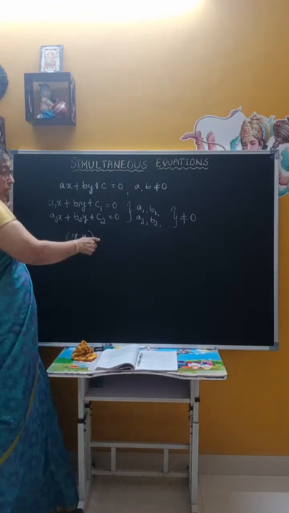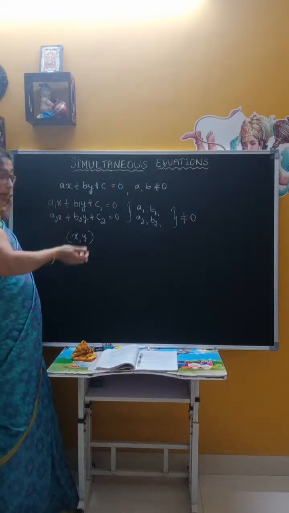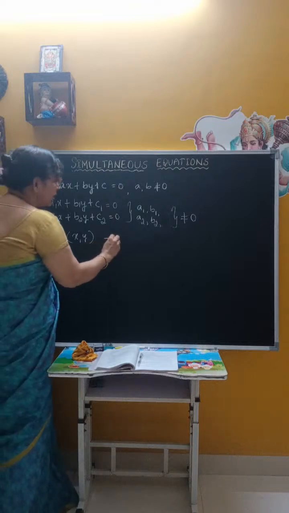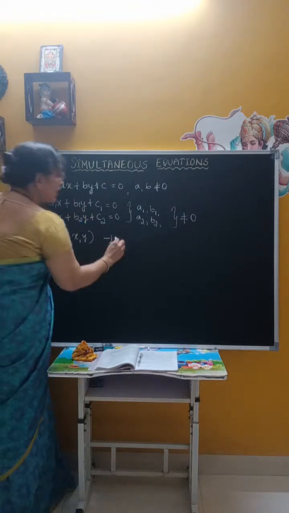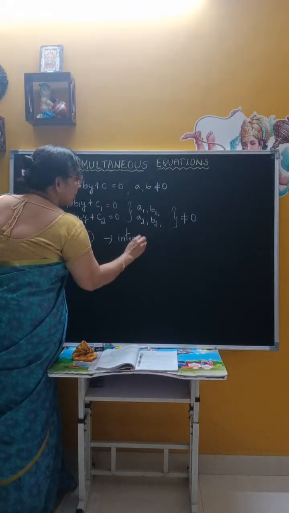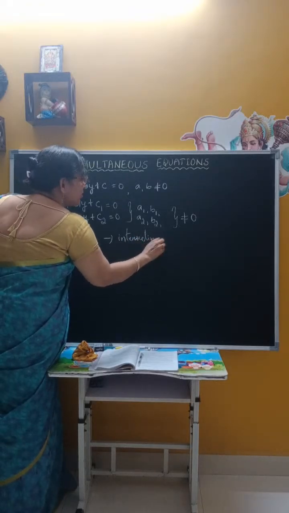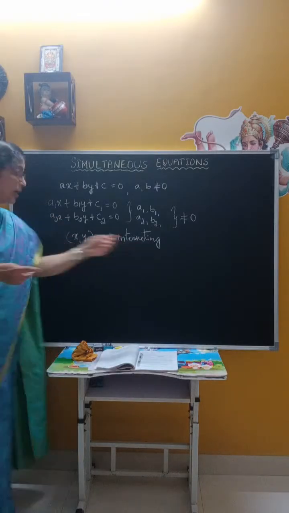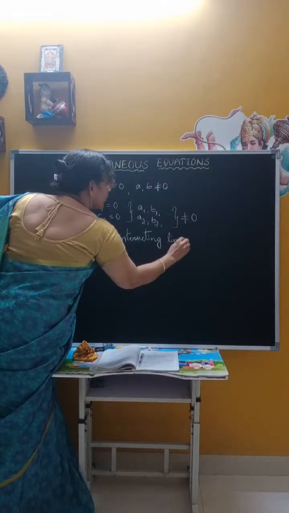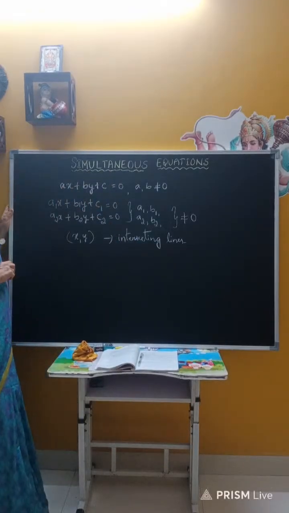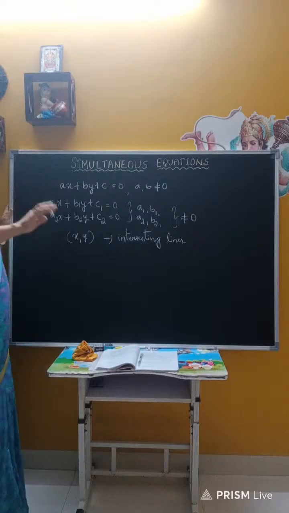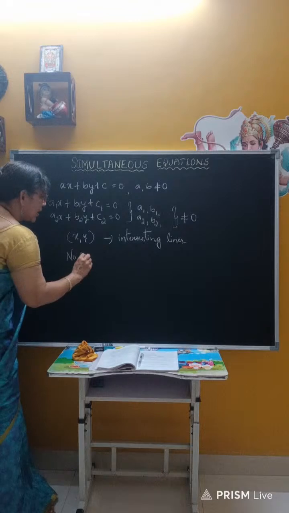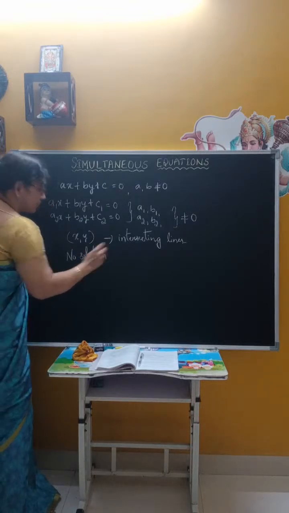If we get a unique solution, a pair of numbers, then the pair of lines are intersecting, crossing each other. Only in the case of intersecting lines do we get a unique solution. There is no solution in the case of parallel lines.